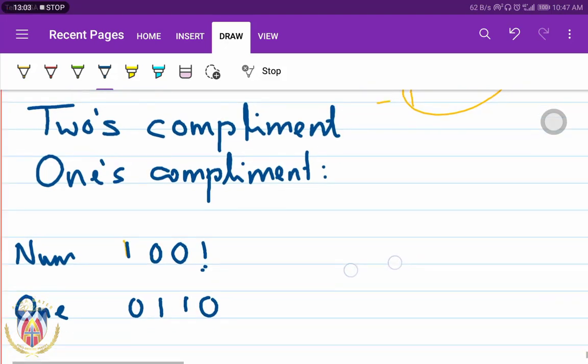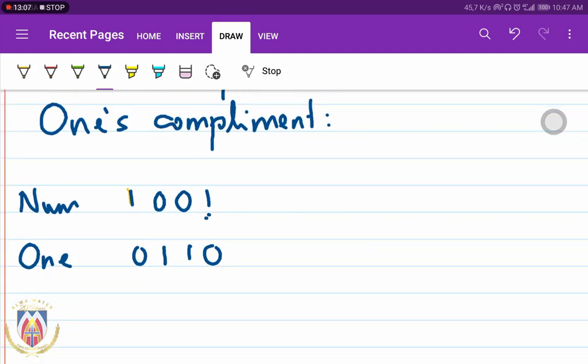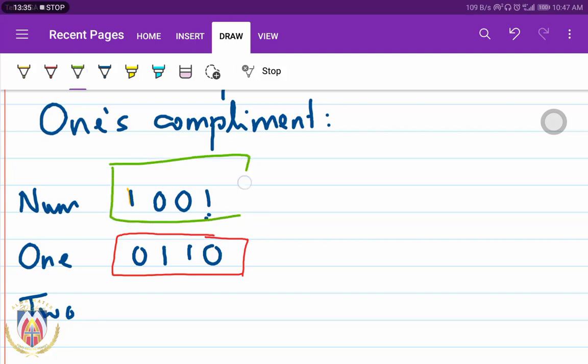Now, building on that definition of 1's complement, we can move on to the 2's complement. The 2's complement, according to the definition I have here, is the 1's complement of a binary number plus 1. So if we look at this number here, this is the 1's complement of the binary number here. For the 2's complement, we get the 1's complement and we add 1 to it.